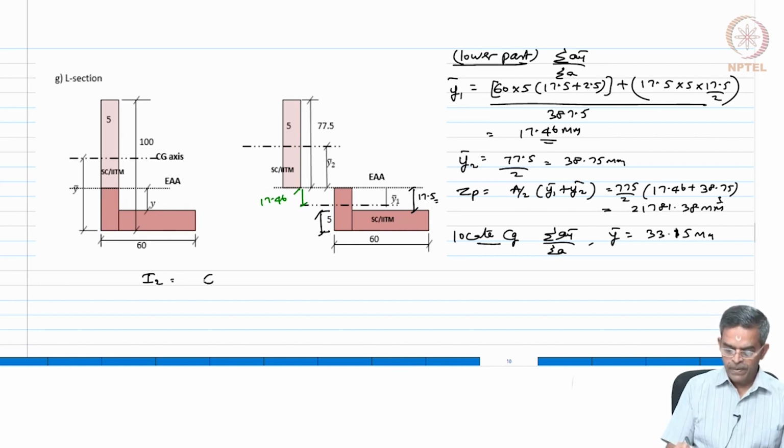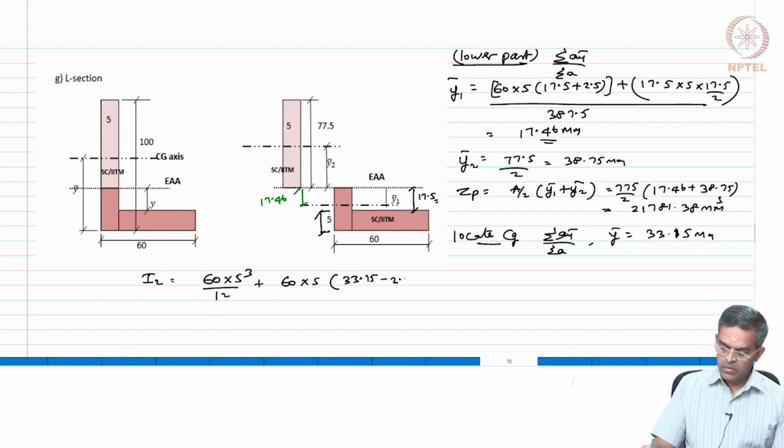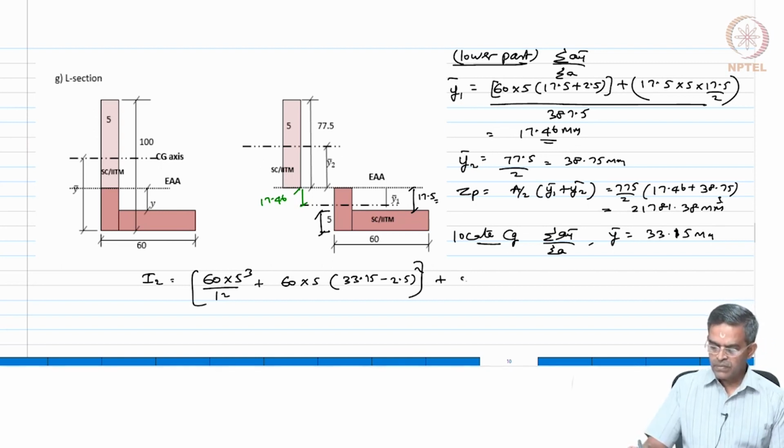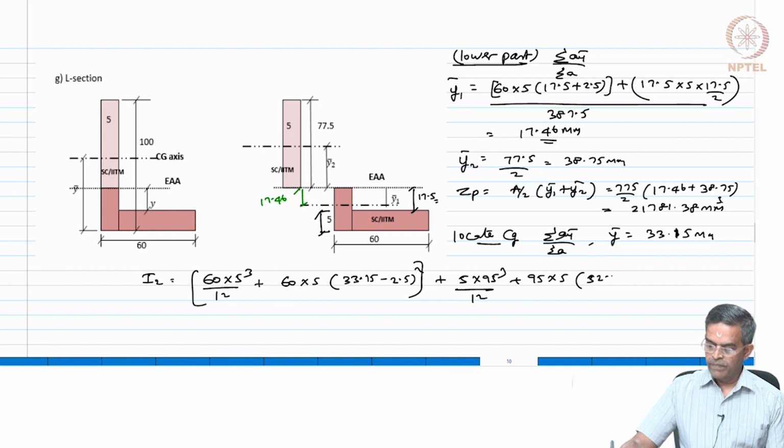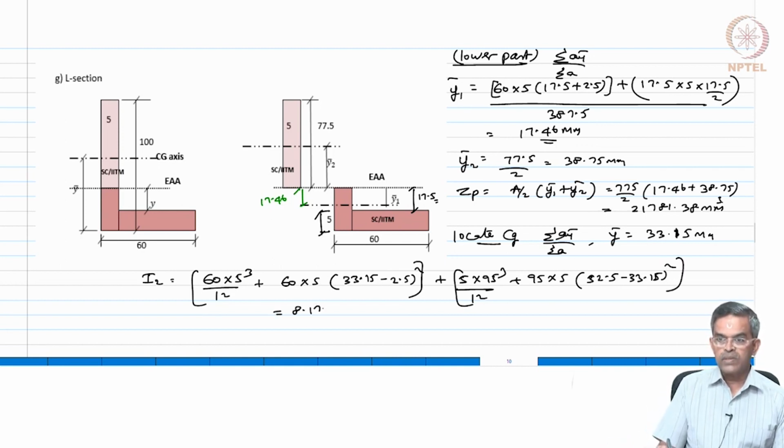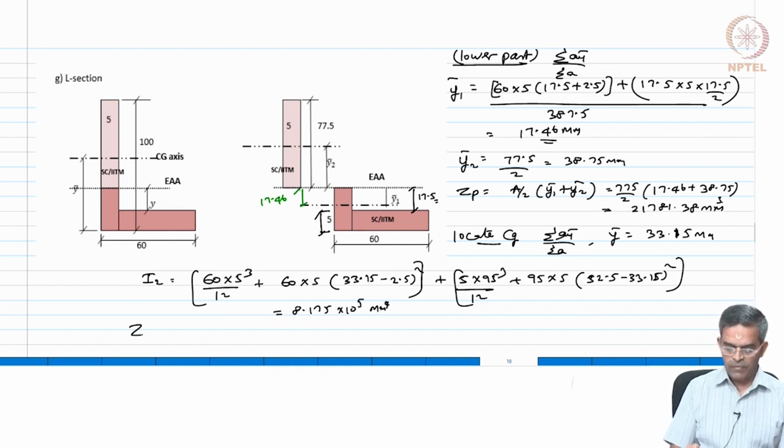Once I get y bar, I can find Iz, which will be 60 into 5 cube by 12 plus 60 into 5 into 33.15 minus 2.5 square, that is for the first piece, the short arm, and similarly the longer arm, which will be 8.175 × 10^5 mm to the power 4.